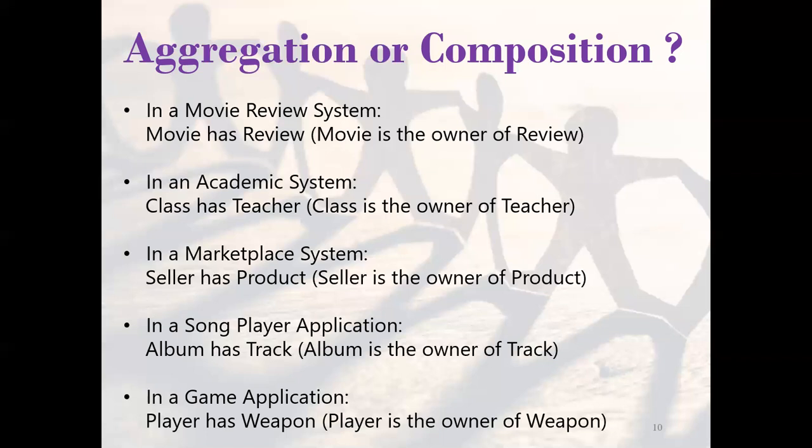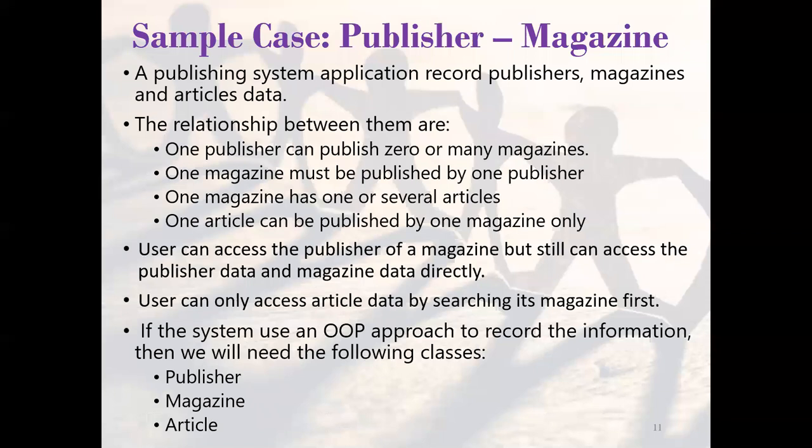Again, sometimes it depends. So therefore in design, for the relationship between classes, we need to describe what the case is that justifies whether it should be an aggregation or composition. But overall, good. You have a good understanding of when it should be aggregation and when it should be composition. Good.